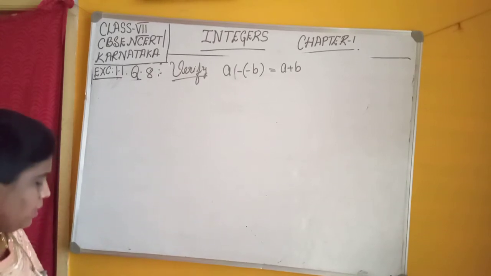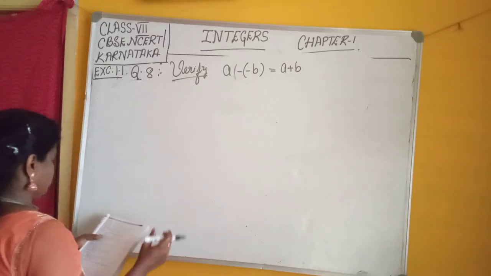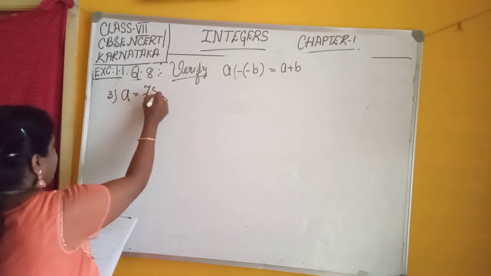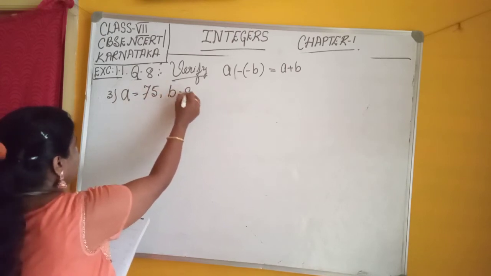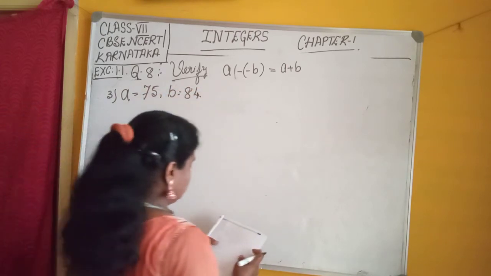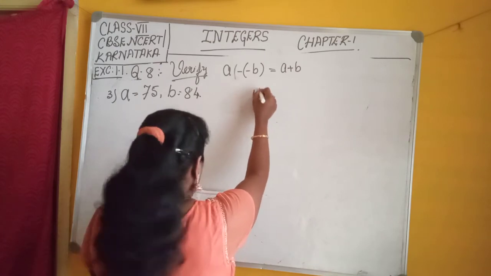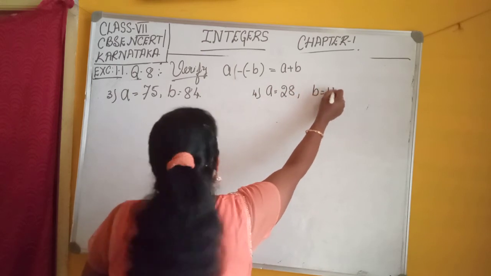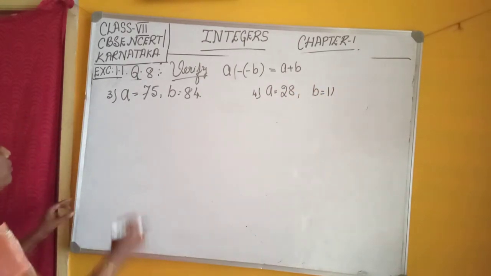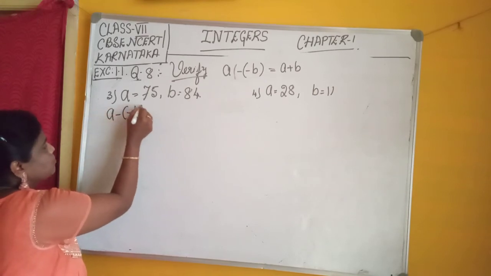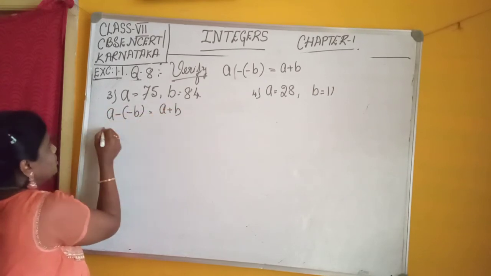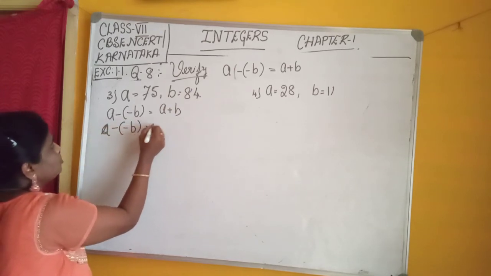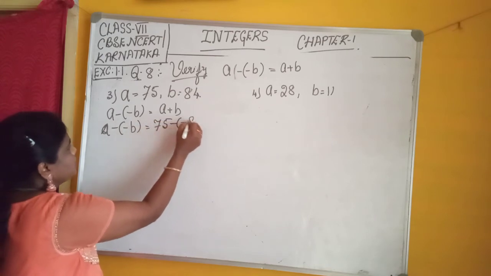Still two problems are there. Third one, A is equal to 75 and B is equal to 84. And the fourth one, A is equal to 28 and B is equal to 11. Here also we have to verify A minus of minus B is equal to A plus B. Let us take LHS, that is 75 minus of minus 84.